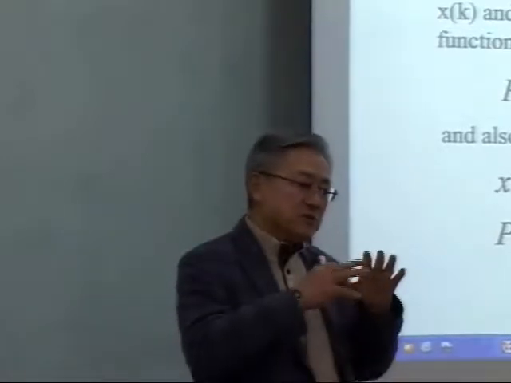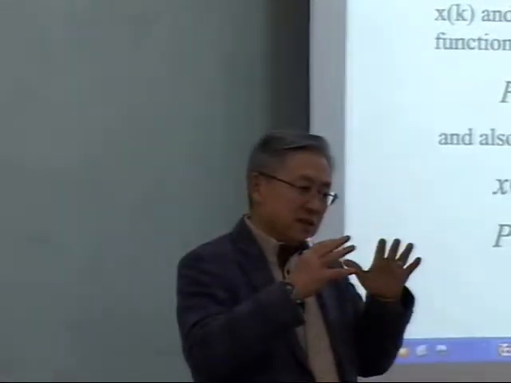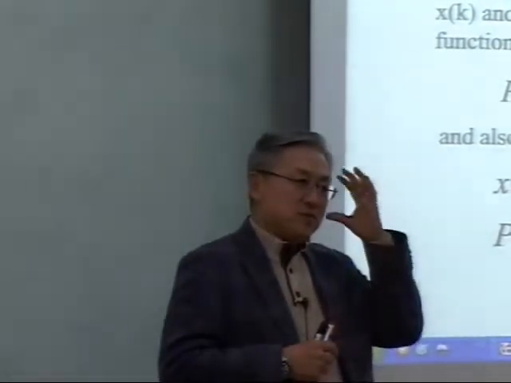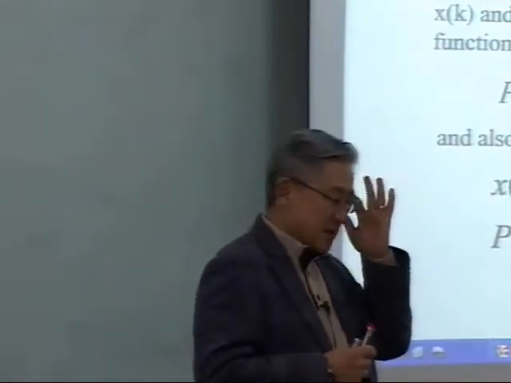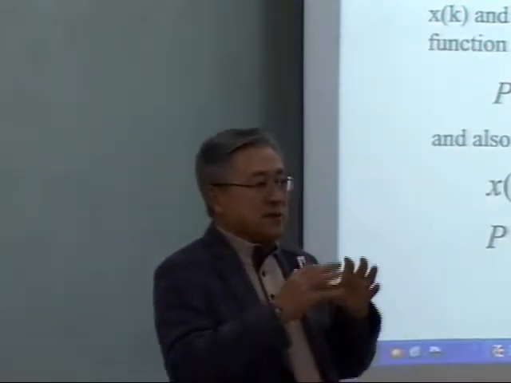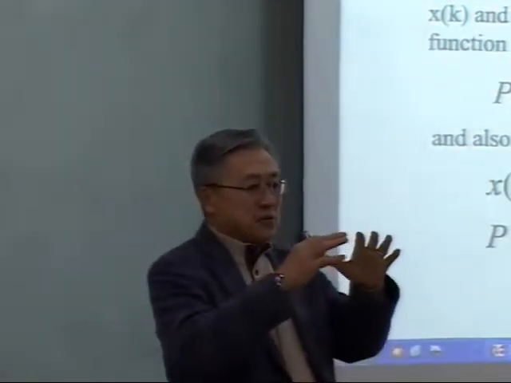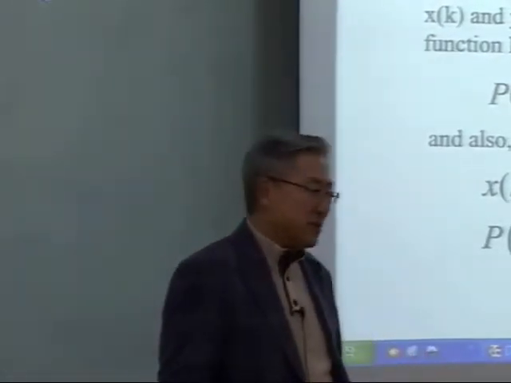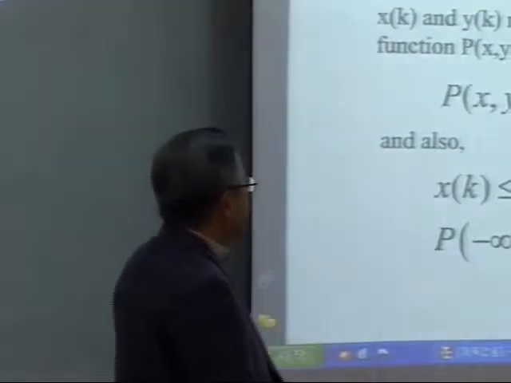So the density function is like an upside down cone shape. If you visualize as I talked about Monday, think about the upside down bell shape. It's really a bell. That's a volume.